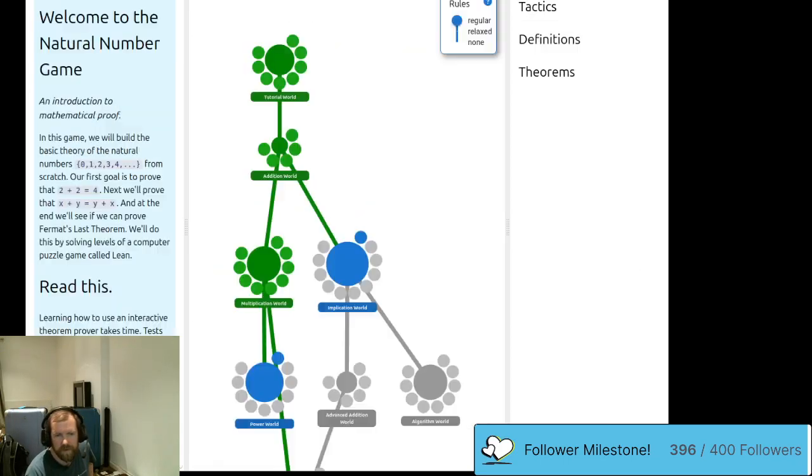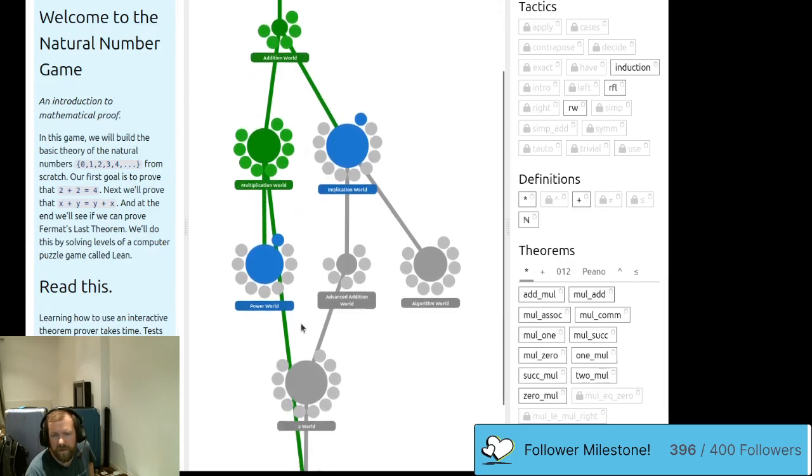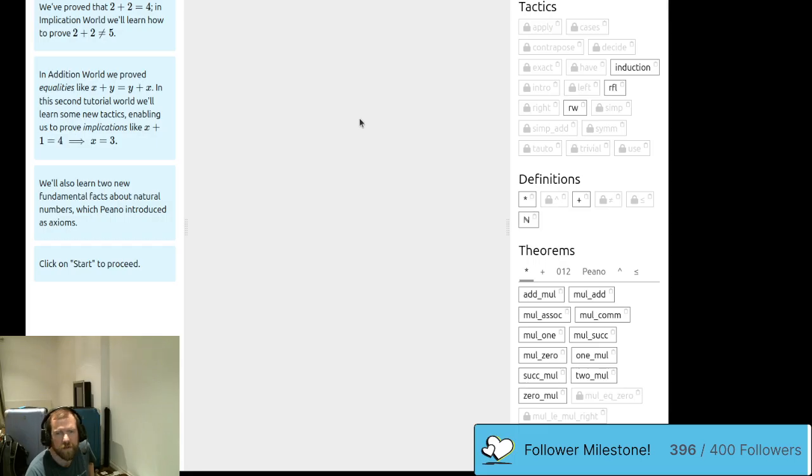All right, so we're going to leave this world, and we've got powers and implications. Let's try implication. This is a very different one. We proved that 2 plus 2 is equal to 4. In implication world, we'll learn how to prove that 2 plus 2 is not equal to 5.